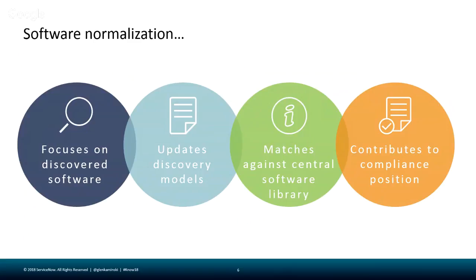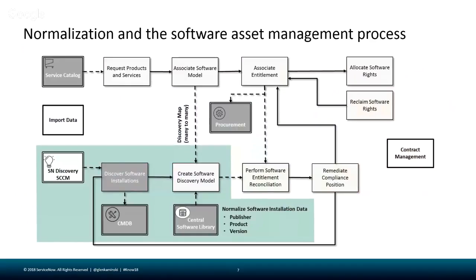Software normalization then takes this list of discovery models and matches that data against the central software library that is provided by ServiceNow. And then finally, it contributes to the compliance position. It's really all about software licensing. We use these software normalized values to compute the software license compliance position. And again, we'll talk about that in just a moment.